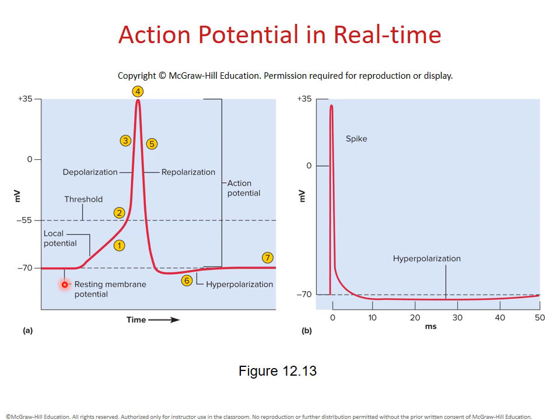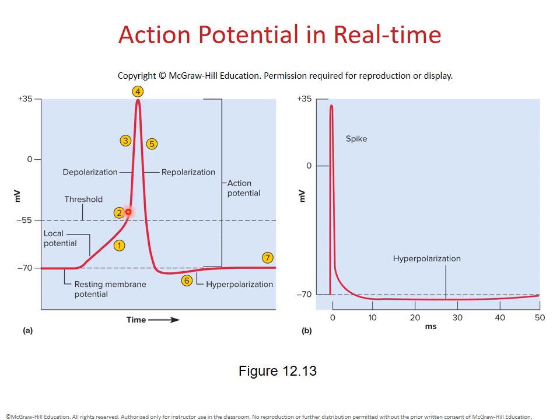Those graded potentials will spread, weakening as they spread. If they're strong enough by the time they reach the trigger zone, and by strong enough we mean strong enough to depolarize the trigger zone from -70 to 15 millivolts less negative than that, to about -55, which is known as threshold, then voltage-gated sodium channels will open and we will initiate the action potential.